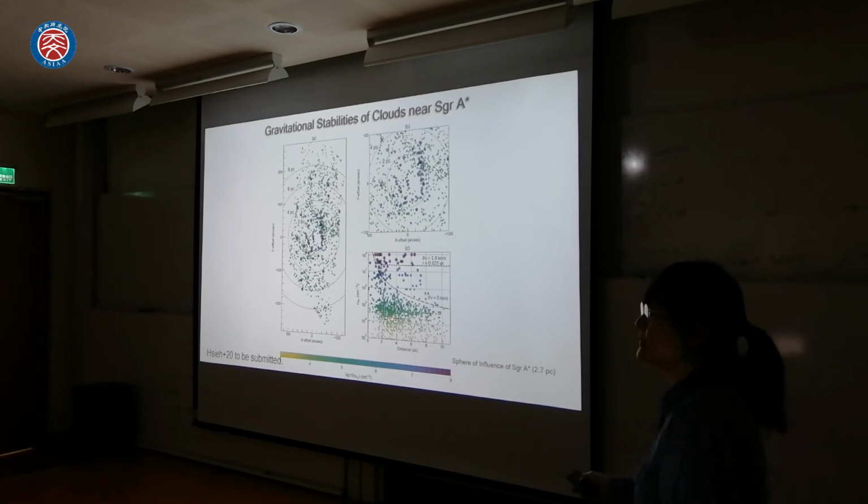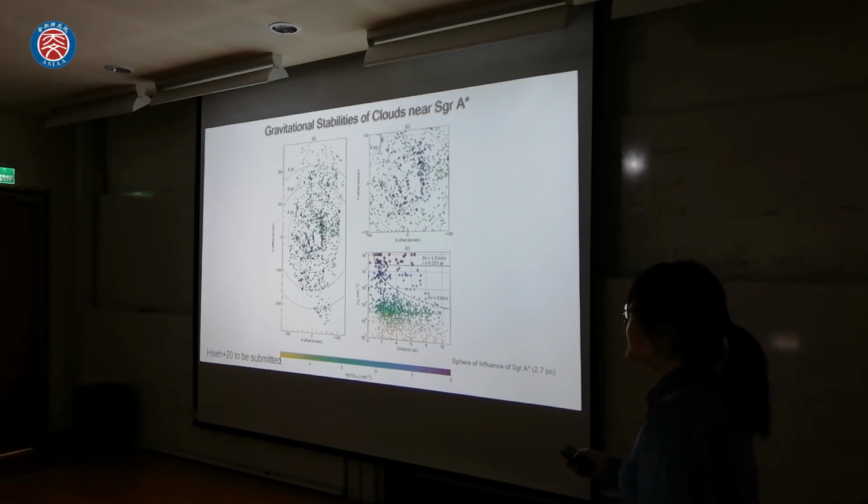That means they are not stable, and in the future they will be disrupted. But some of the clouds are stable. They are higher than the tidal threshold, but they are not massive or dense enough to form stars. But there are still some massive clouds that pass the threshold, and these are denser clouds that may be able to form stars in the future.